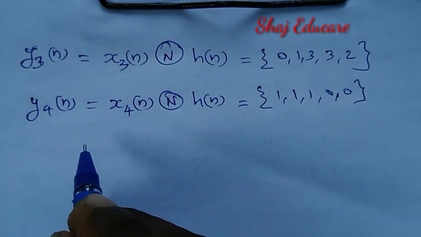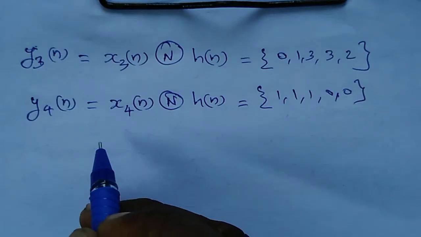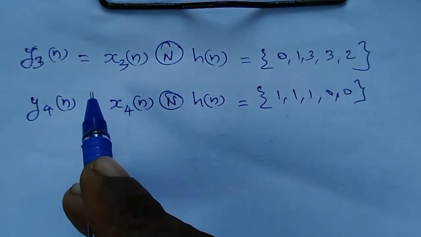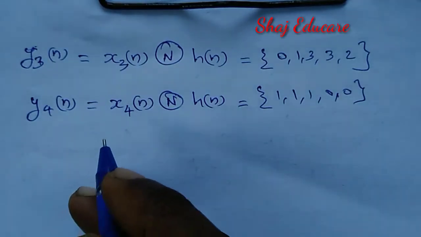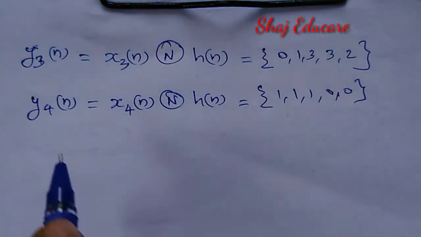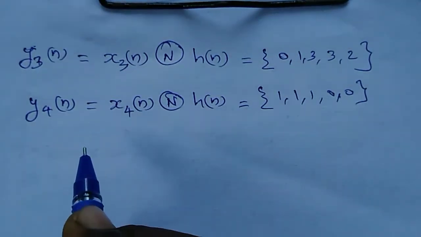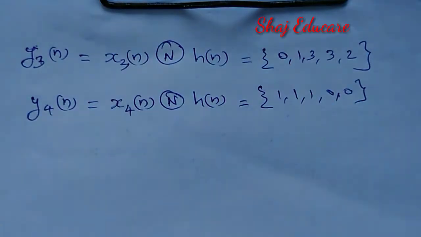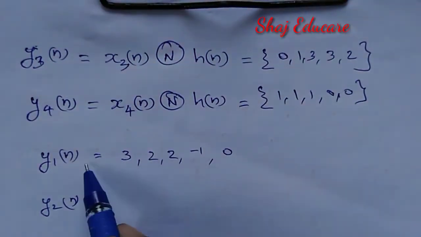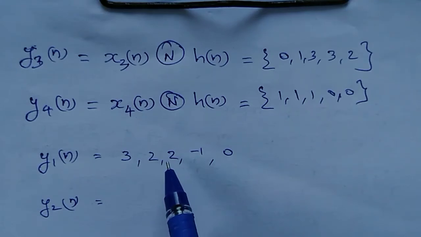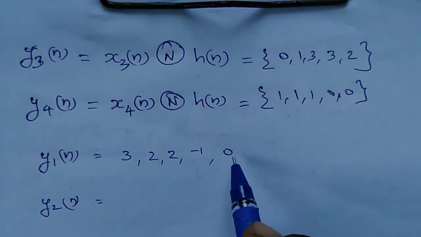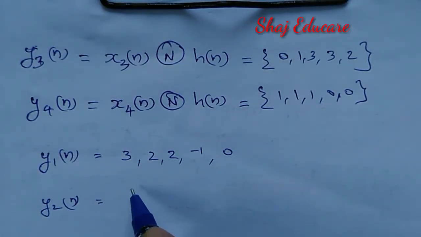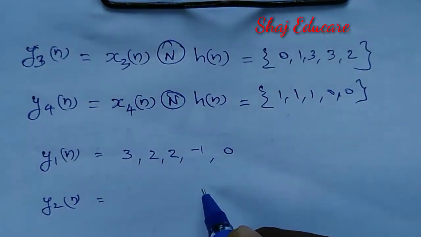Obtain y of n by the overlap add method. For that purpose, I am going to write y1 of n, y2 of n, y3 of n, and y4 of n together. Here I have written y1 of n, that is 3, 2, 2, 1, minus 1, 0. Then write y2 of n from this point onwards.